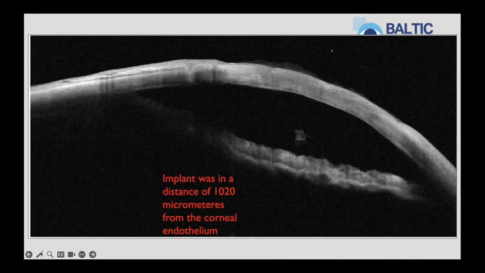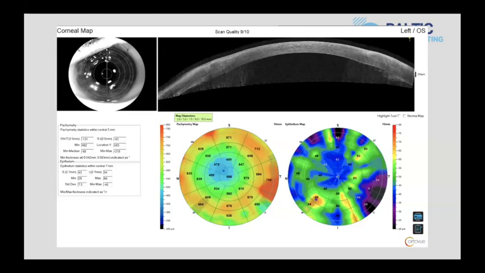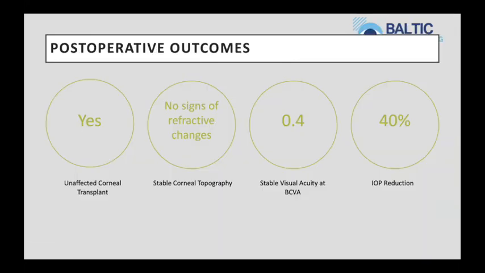In our case, with a patient after penetrating keratoplasty, it's very important for the graft to survive. Here we have some maps after the surgery, a pachymetry map and an epithelial map. We didn't see any big refractive changes after the implantation of the device.